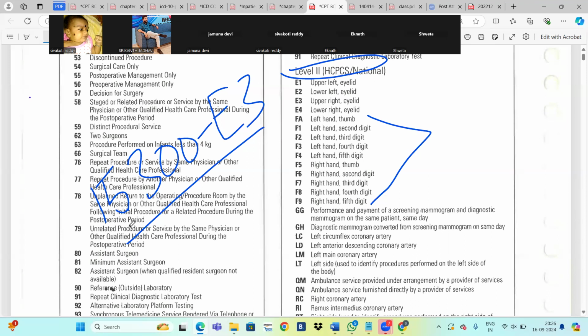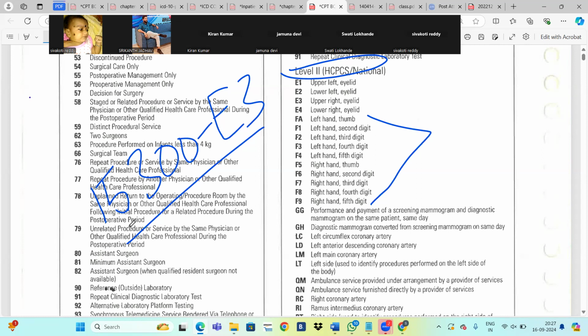So remember guys, if they did any procedure on the fingers, you need to give this F series modifier. Here they mentioned digit number, third, fourth, but sometimes you won't get the number, you will get the name. So tell me, what is the second digit name? Index finger. Third finger? Middle finger. Fourth finger? Ring finger. Fifth digit? Little finger.